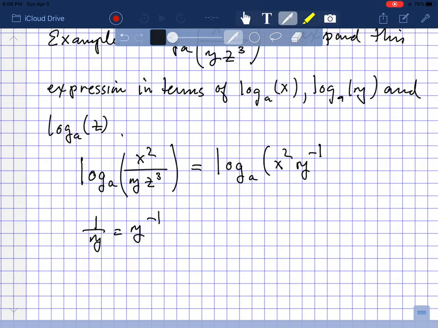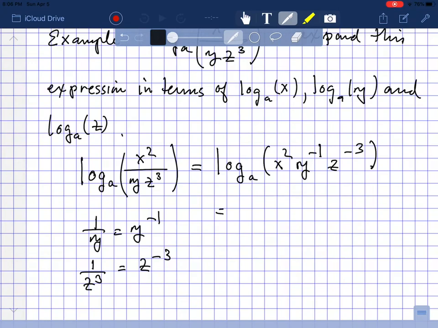So let's recall 1 over y is equal to y to the minus 1 power. And then I have 1 over z cubed, and that's equal to z to the negative 3 power.